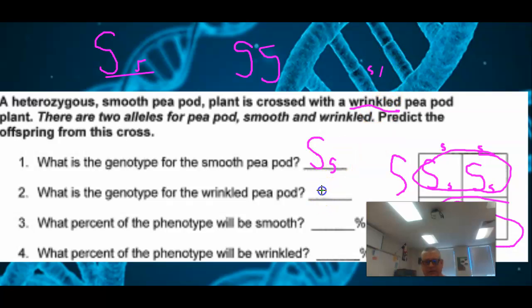Little s, little s. Okay? And then the last thing is, I'm going to run out of time, so I need to hurry. The last thing is the percentages. It's 50 here. And 50 here.